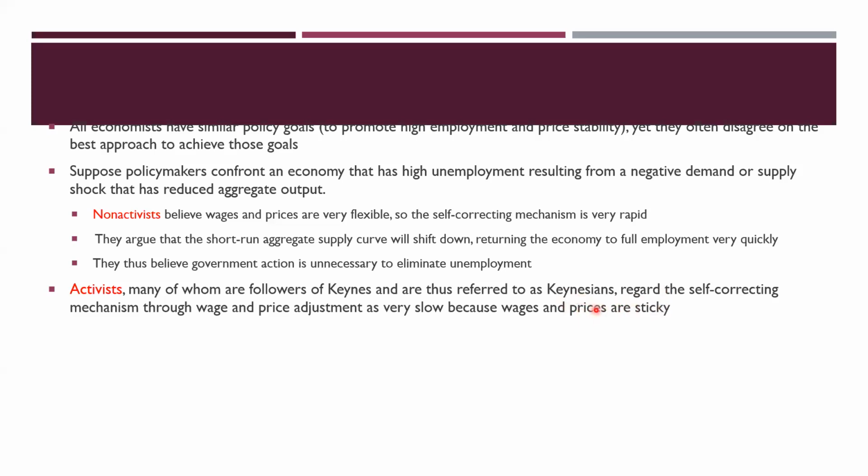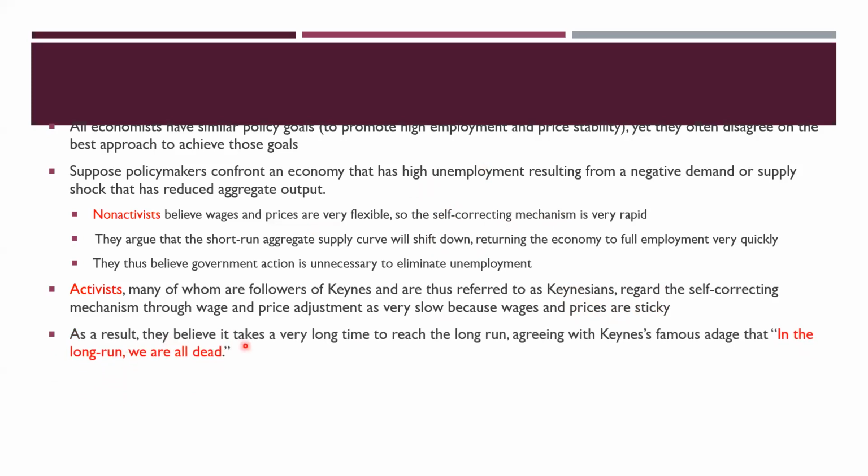Companies would have to change prices after a certain period of time, so there is no self-correcting mechanism in which prices and wages are very flexible. They are not. So who are these activists?